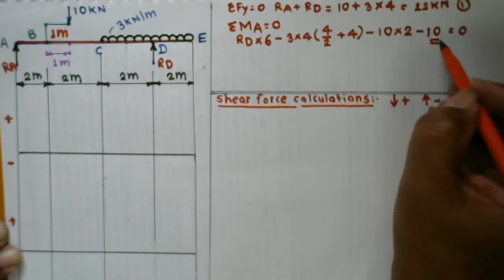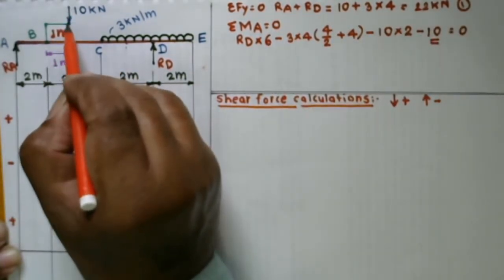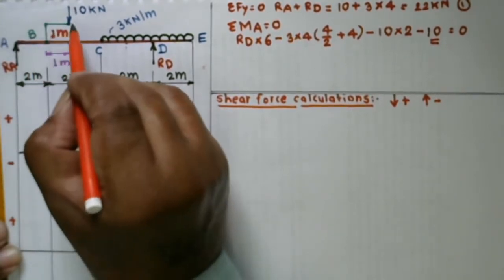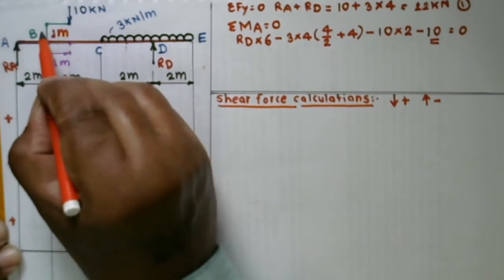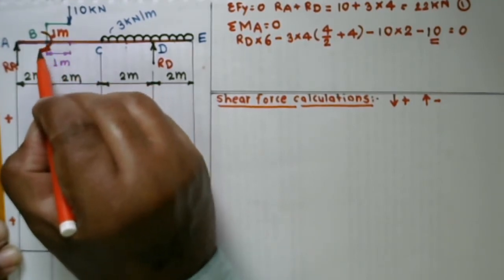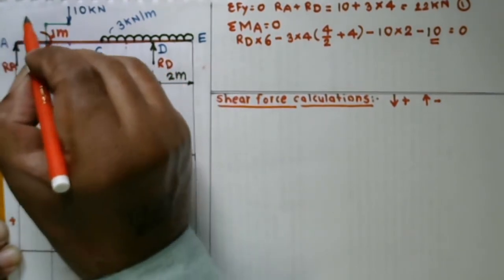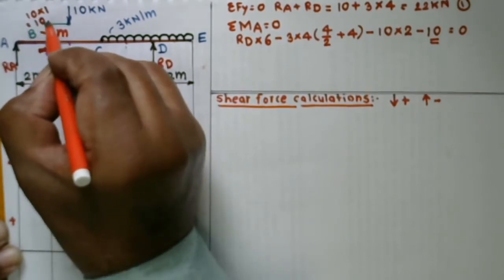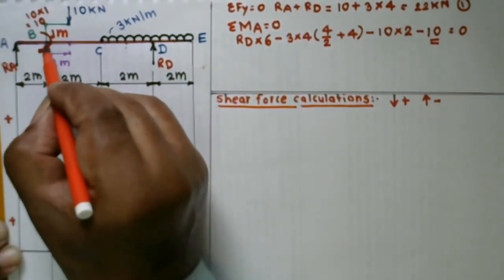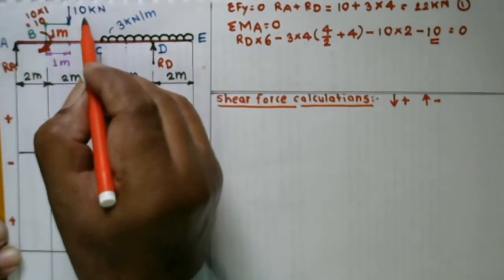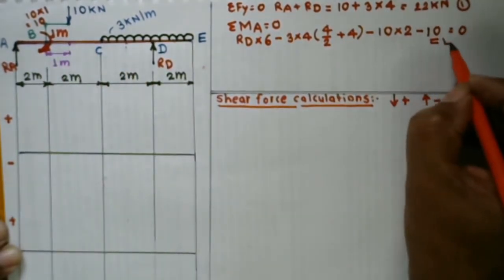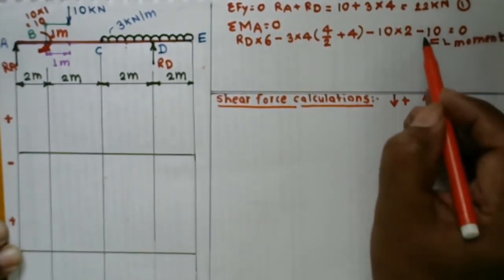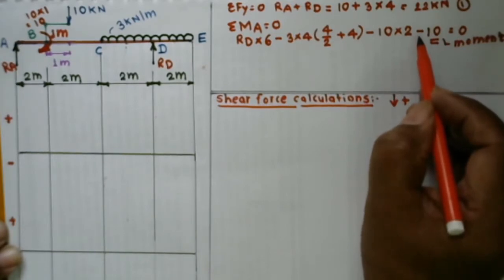Now this minus 10 is there because the 10 kilonewton force is acting 1 meter from point B, so it creates a moment about point B, and this moment is clockwise. The moment is 10 into 1, so it becomes 10 kilonewton meter, acting on point B due to the 10 kilonewton force. This moment is acting in the clockwise direction, that's why we have taken the sign convention minus.